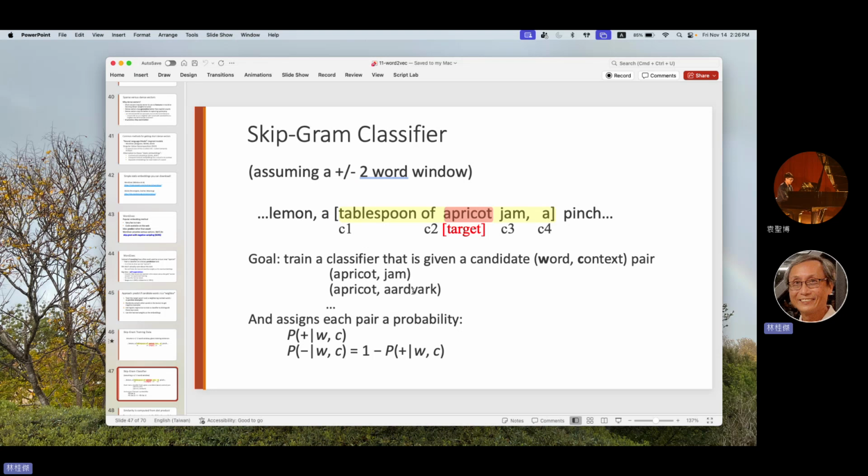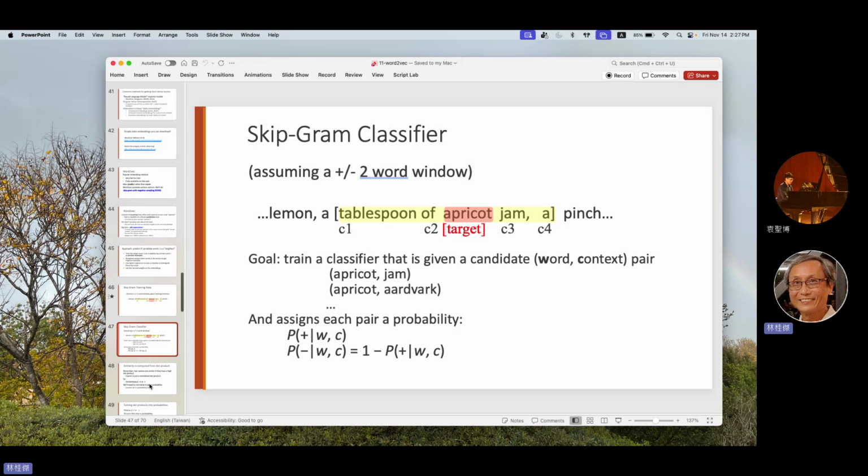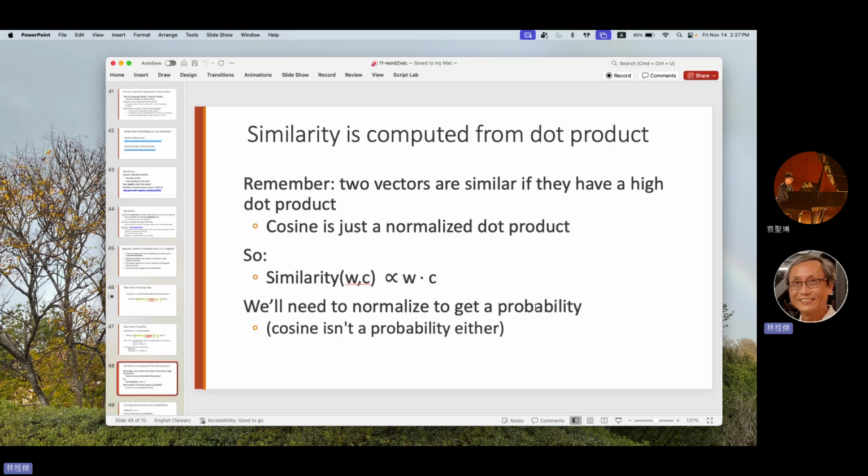So I want the probability of W being close to the C to be bigger than the probability of W being close to some word which is not inside this context. So we can define some initial definition of your vectors.